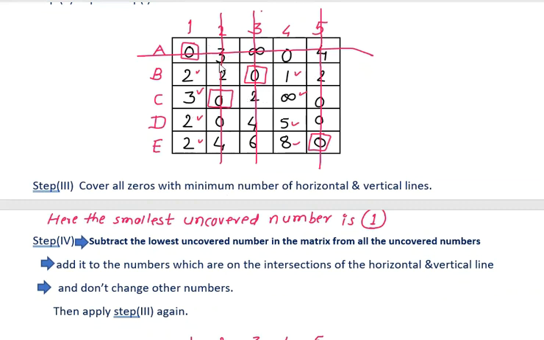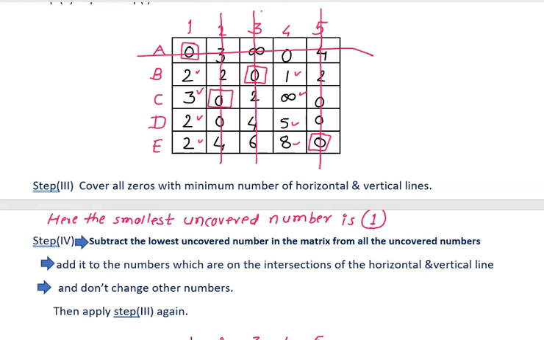So let us write down the numbers in the first column. 0 will not change because it is on the line. From the uncovered numbers, we have to subtract 1. So 2 minus 1 is 1, 3 minus 1 is 2. So we get 0, 1, 2.